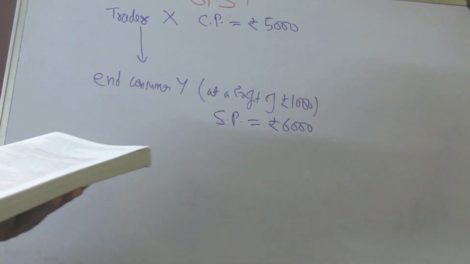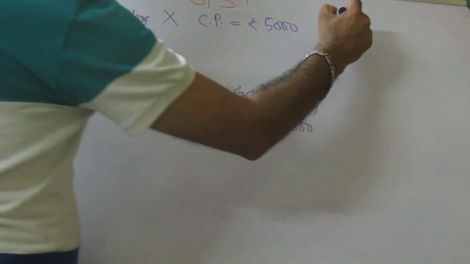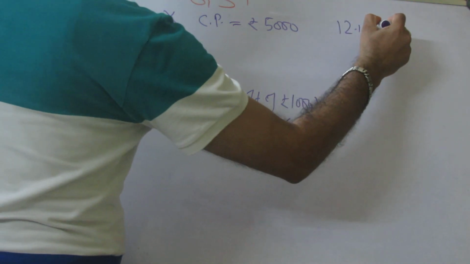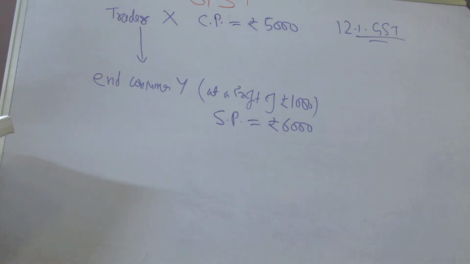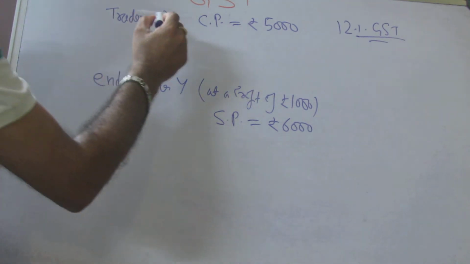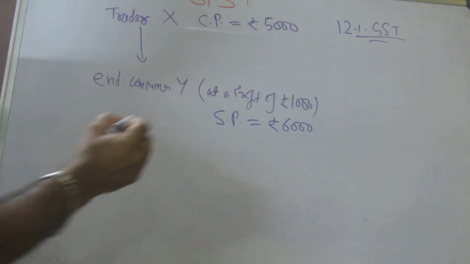Now let us understand, if there is 12% of GST to be paid, what will X pay when he bought this item from the manufacturer?